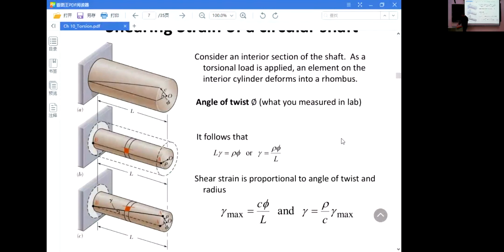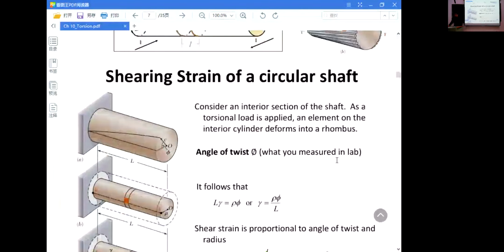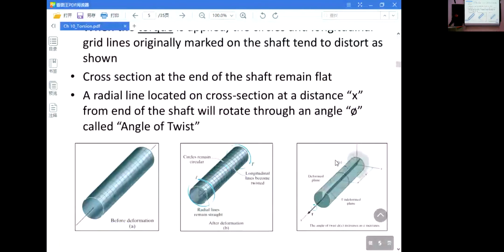When we do the experiment, we will find the shaft has no expansion and no contraction. It just rotates, just rotates.